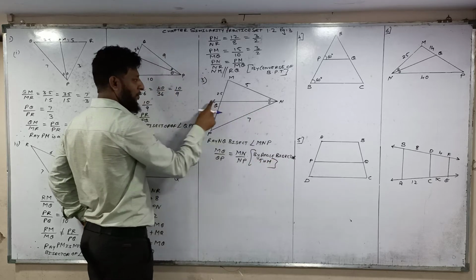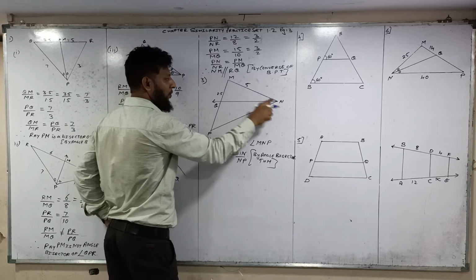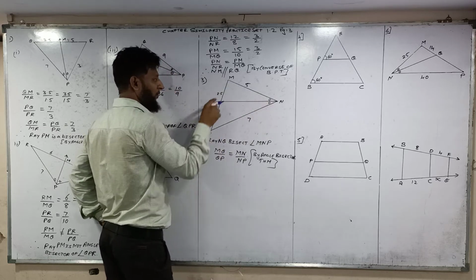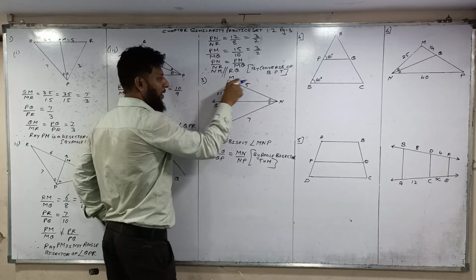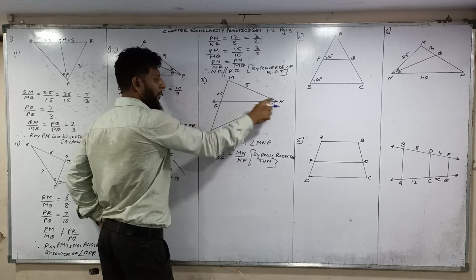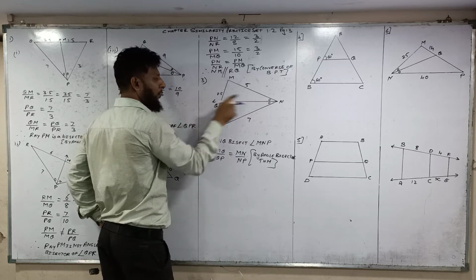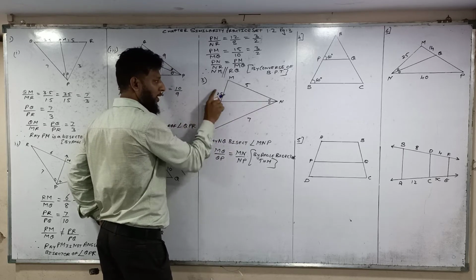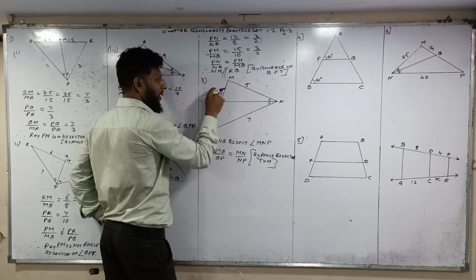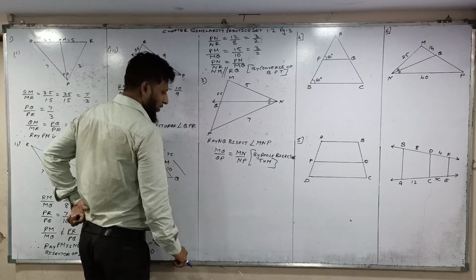So when this is the bisector, then the bisected side proportion is equal to the other two sides' proportion. Comparatively we have to take this side: MQ with MN, and QP with NP. Don't take MQ with NP. Don't take cross on the same side, of the ray of the bisector.